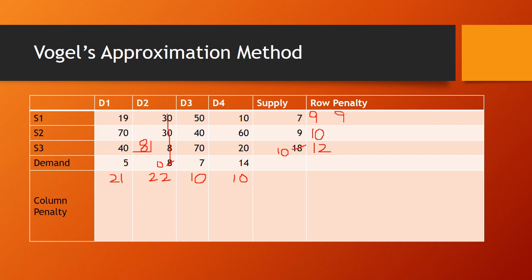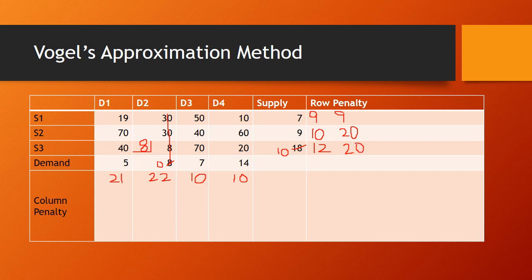Now coming to row S2, the penalty will change. Now our least is 40 and the second least is 60, so our penalty will now be 20. Now coming to row S3, the least is now 20 and the second least is now 40, so our penalty in this case will also be 20.